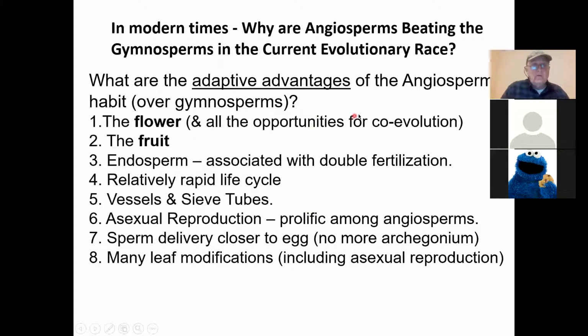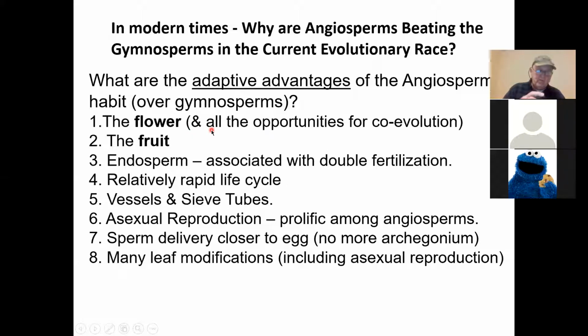But this is an important slide because it answers the question of why there are 250 million or more angiosperms and only 1,000 gymnosperms. The flower and all the opportunities for coevolution is a good example because the counterpart is the cone of the conifers. I've got a little native cycad out there in my front yard.